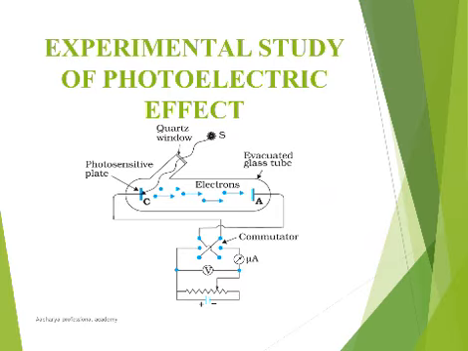It switches the battery connection so that either the anode becomes positive, attracting the electrons and increasing the photocurrent, or the anode becomes negative, repelling the electrons, so the photocurrent decreases and eventually becomes zero. The function of the commutator is mainly to study the saturation current and the stopping potential, and the effect of the potential on the photocurrent can be studied by reversing the polarity of the applied voltage.